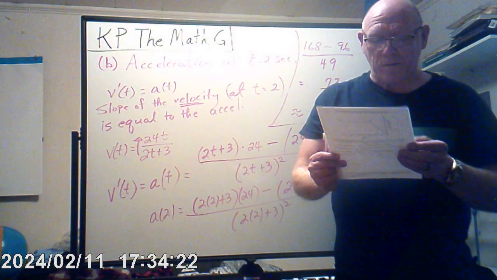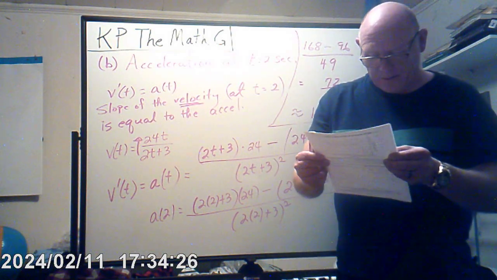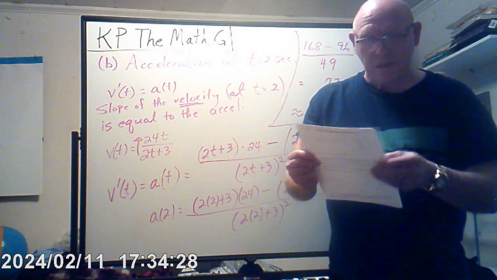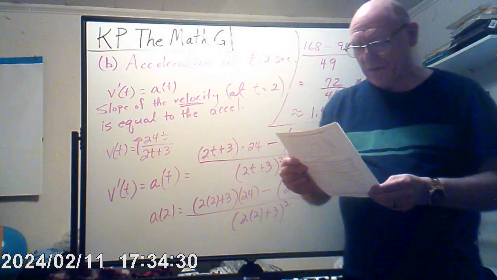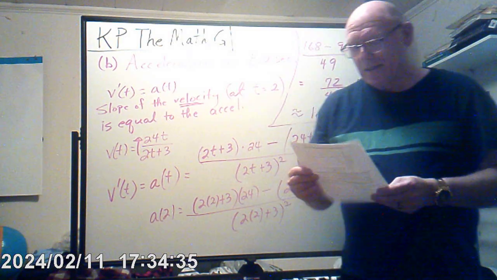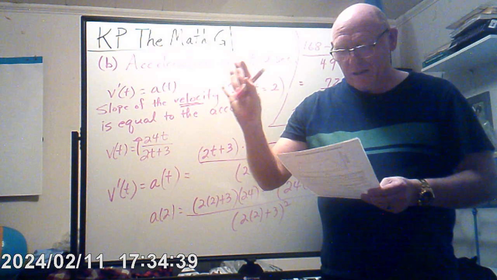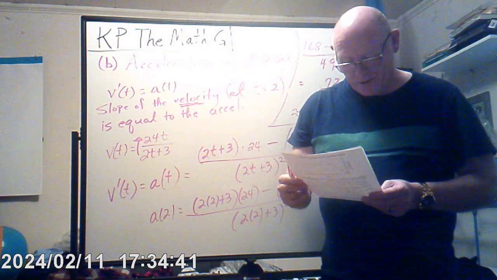And I think what I'm going to do is reserve the part C then for another video, although I'm so tempted right now to go ahead and do that, but I'm going to reserve that.